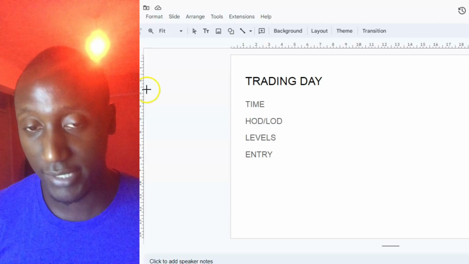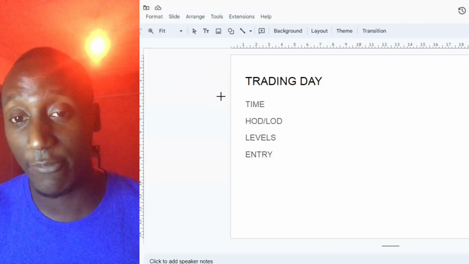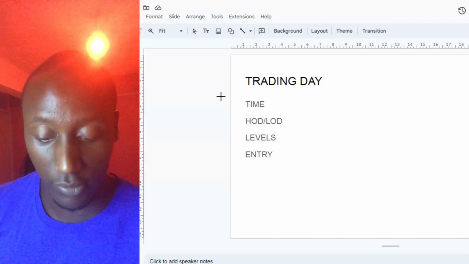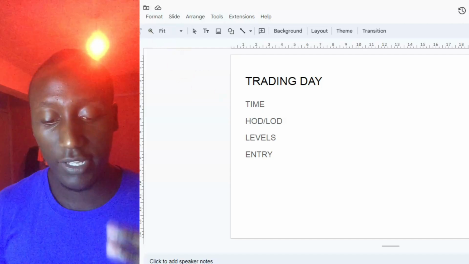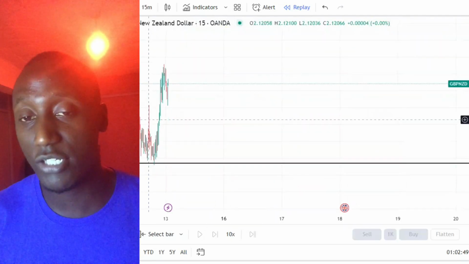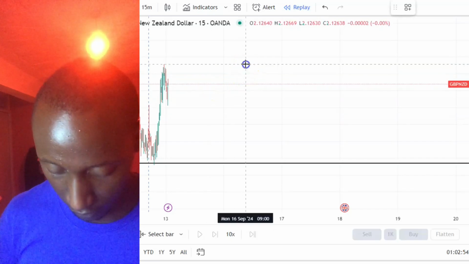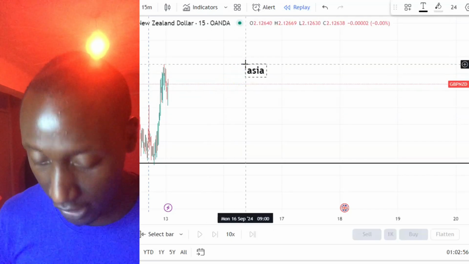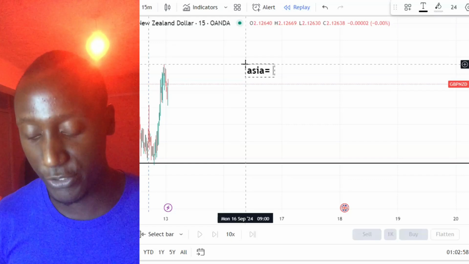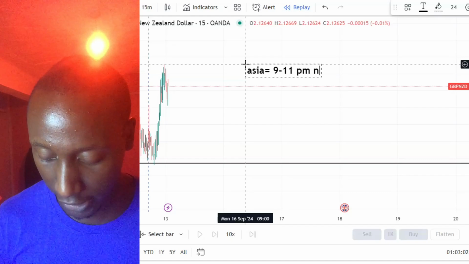So first things first is time. We need to know exactly when is the best time for this price to move. Now, we have 3 sessions, and in each session, we give it 2 hours. So for Asia, the time that we look for setups is between 9 and 11 p.m. New York time.